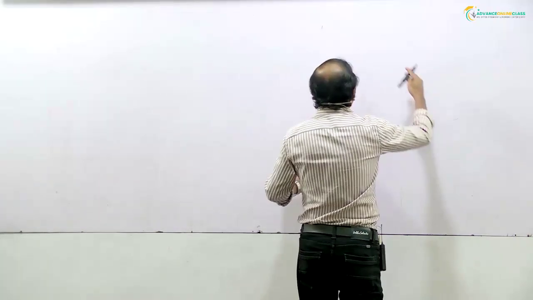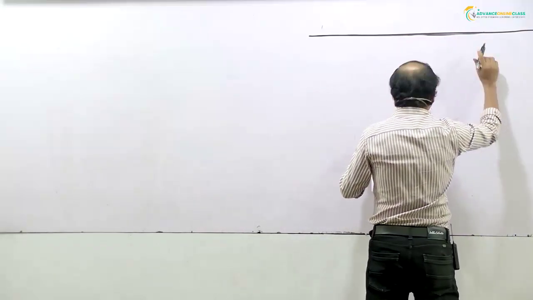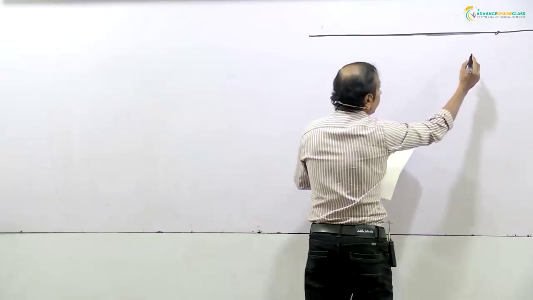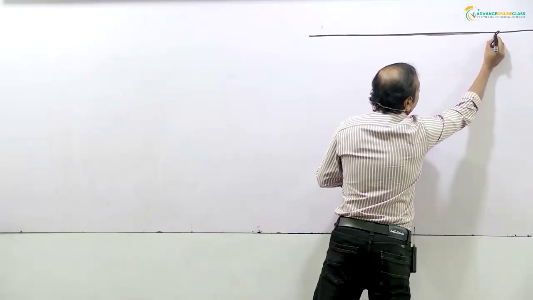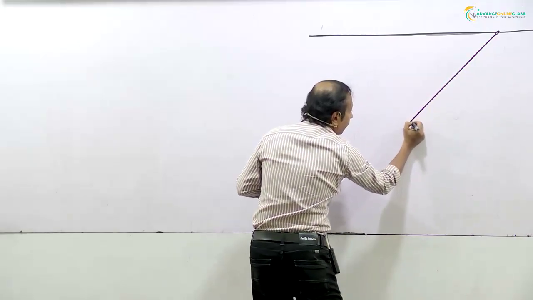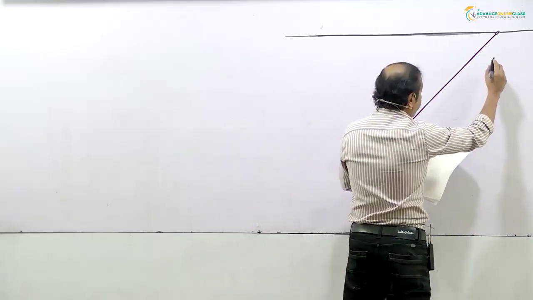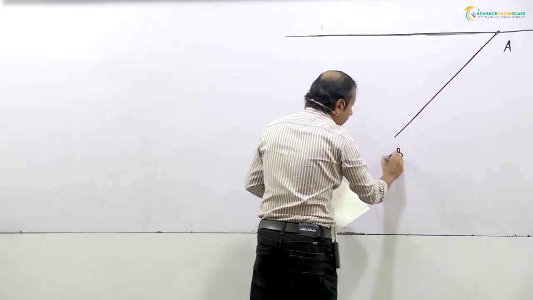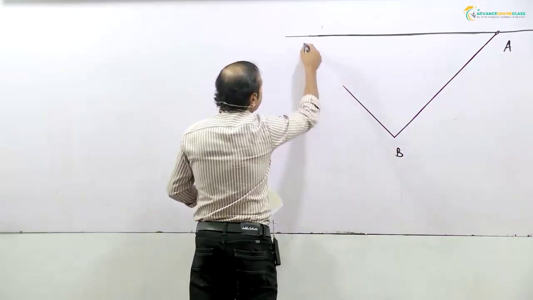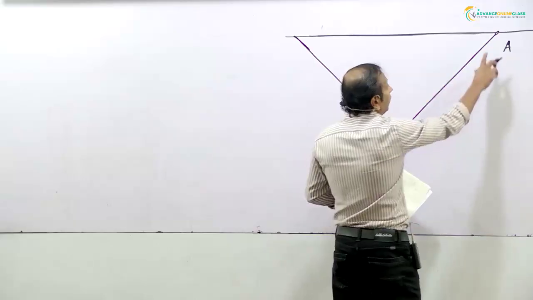This way we have a fixed wire. Here there's a ring, joined to the rod AB.